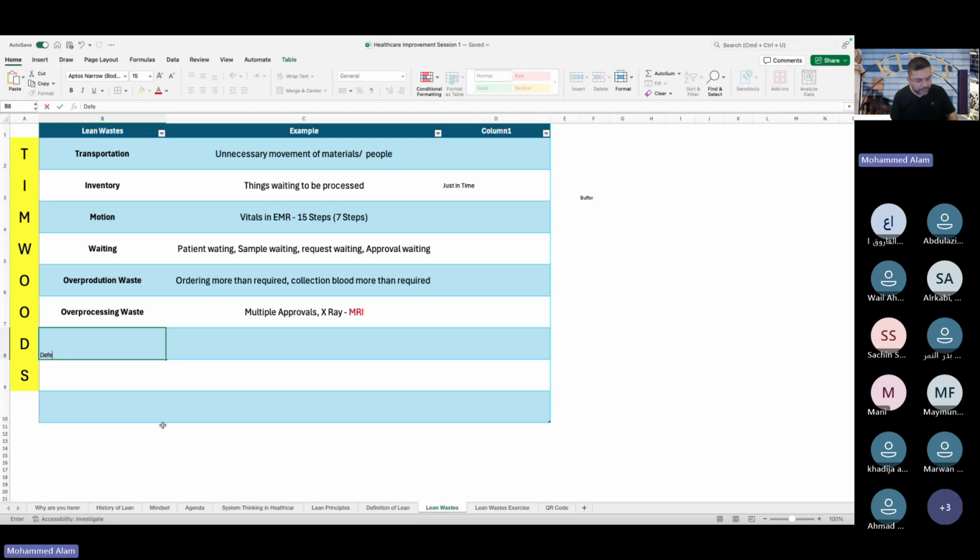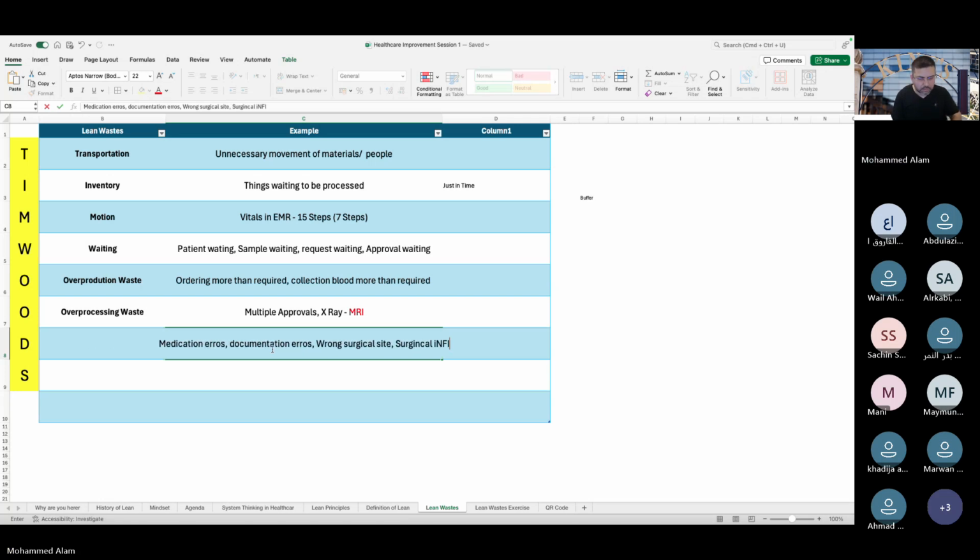What is the next waste? Defects. Can you give any example? Medication errors, documentation errors, wrong surgical site, surgical infection, wrong label, dietitian wrong label, right?